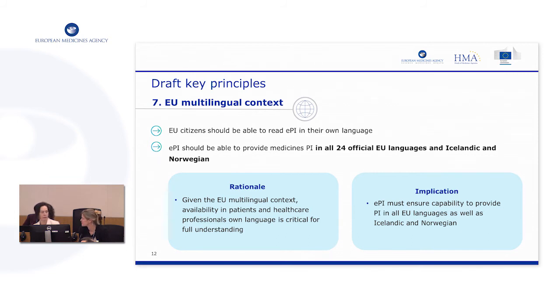Just to clarify that not all medicines which are approved in Europe are multilingual. As we have said before, only centrally authorized products have all languages available, and this is not expected to change. We can make that clear in the key principles. Of course, information for nationally authorized products will be available in the country where this product is authorized nationally. So we can make that clear.